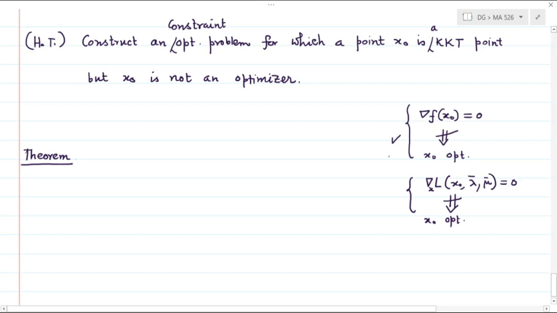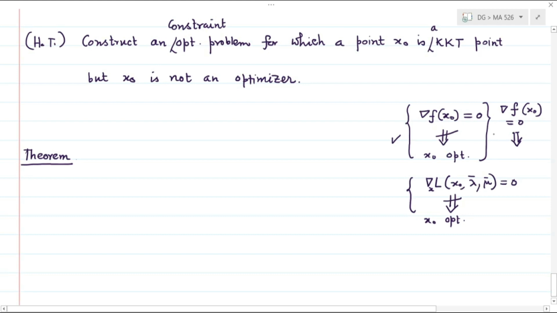Like in unconstrained optimization, you have seen that if your objective function f is convex, then grad f of x0 equal to 0 implies the point x0 is not only a local but also a global minimum point. Similar is the fact if your problem is a convex optimization problem.